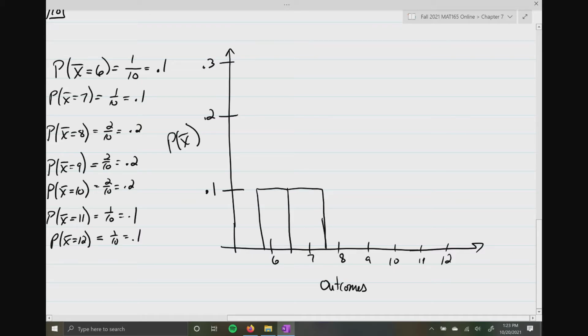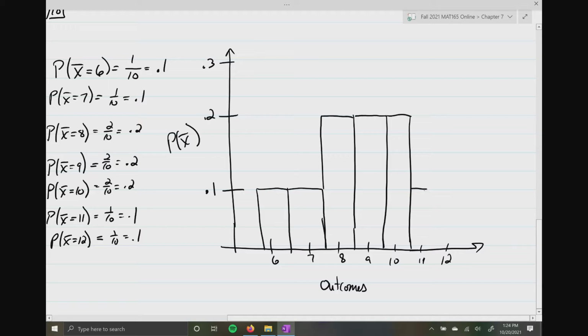Mean equals 8.2. Mean equals 9.2. Mean equals 10 is also 0.2. Mean equals 11.1. And then mean equals 12.1.